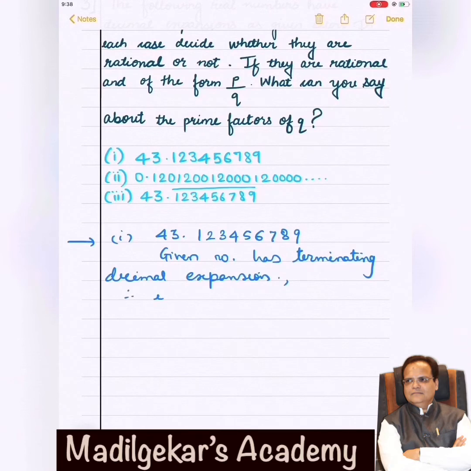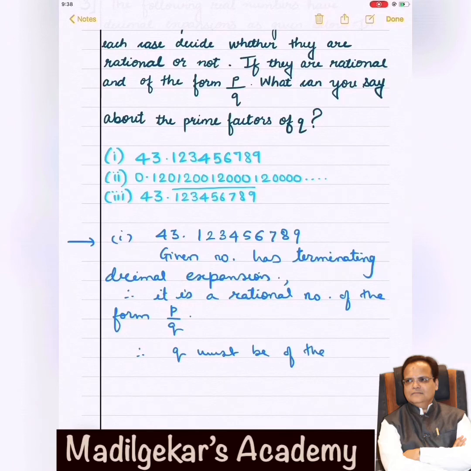Therefore, it is a rational number of the form p by q. Therefore, q must be of the form 2 raised to n into 5 raised to m.